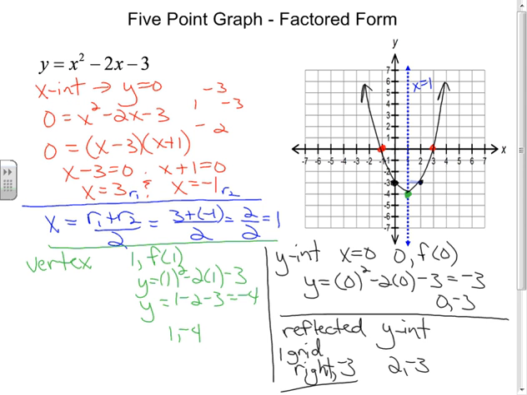So those 5 points help us make this quadratic function. Again, I dealt with it in factored form. You're going to need to deal with it in general form and vertex form as well. So you're going to have to be able to take any form of a quadratic and generate these 5 points that we talked about here for its graph.